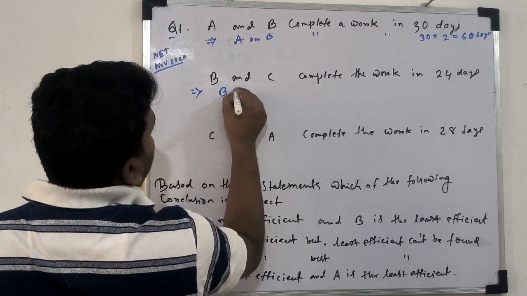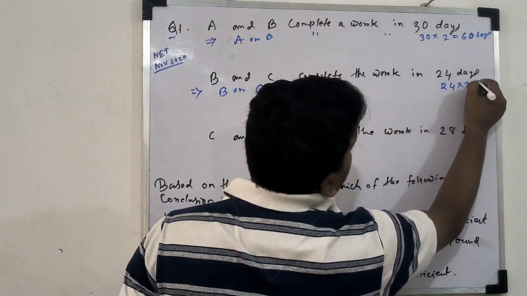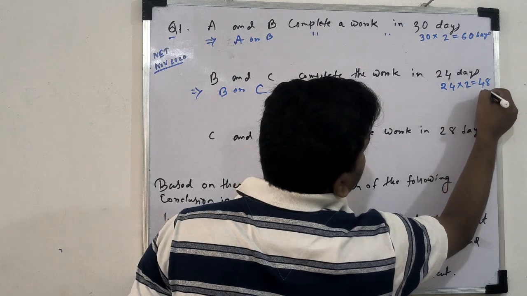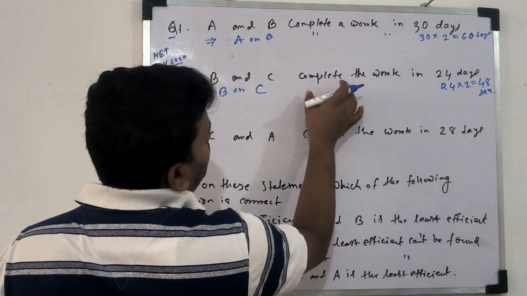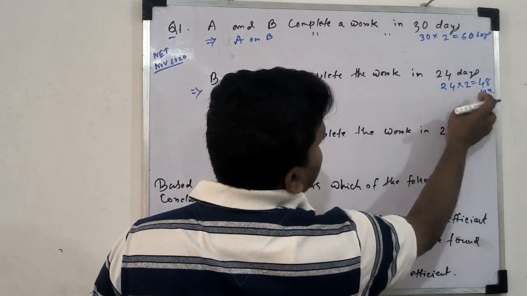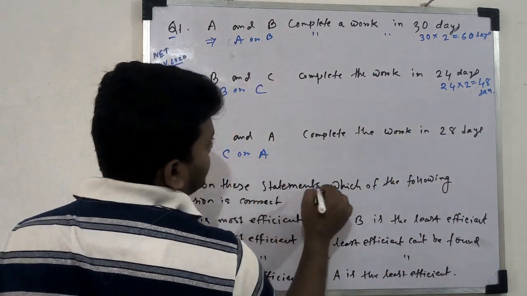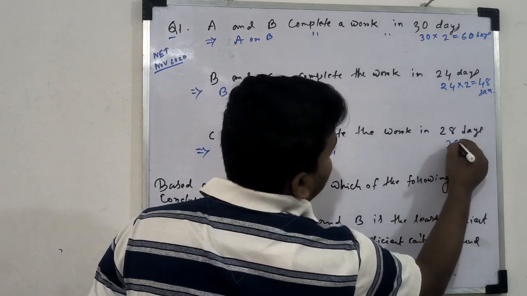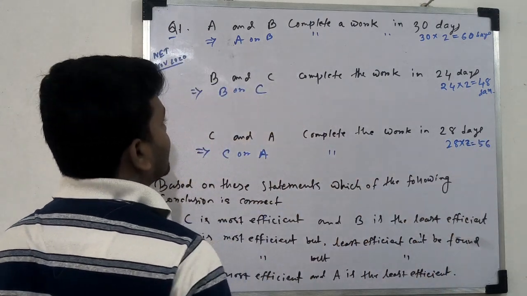Similarly, B or C can complete the work in 24 into 2, that is 48 days. And similarly, C or A takes 28 into 2, that is 56 days to complete the same work.